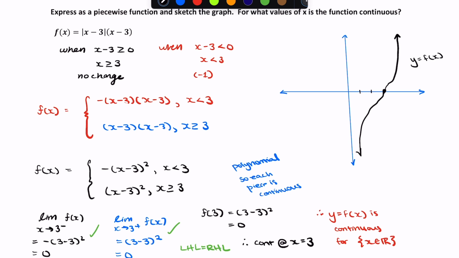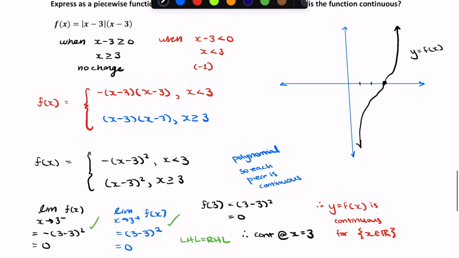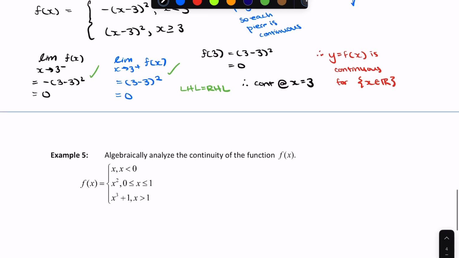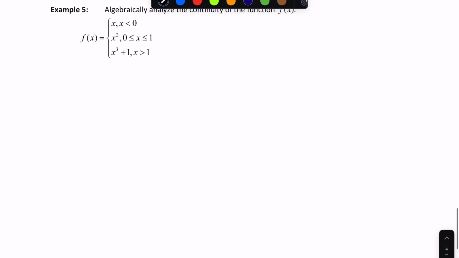So just wanted to clarify in terms of this graph as well. Again, I made it look like it was an open circle, should be a closed circle, again, because it's continuous as you go through.